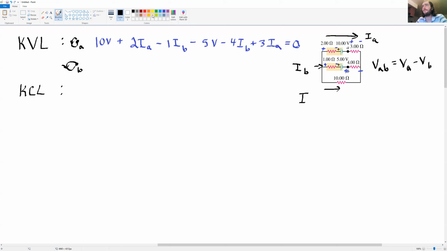And I'll use a slightly different shade of blue here. If we go counterclockwise, then we pick up 5 volts across the idealized EMF source inside that middle battery, and we'll pick up a voltage gain of 1 times IB, 1 ohm times IB.